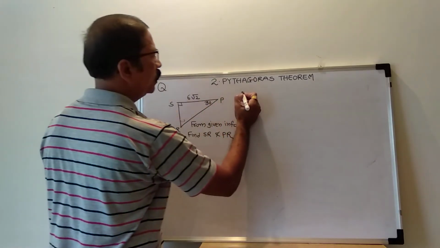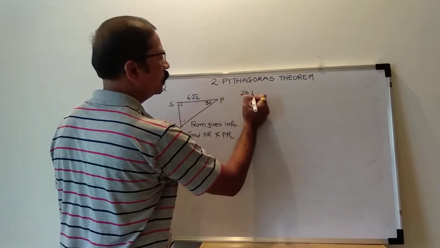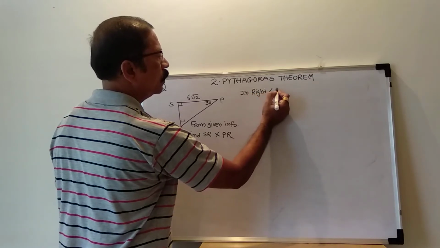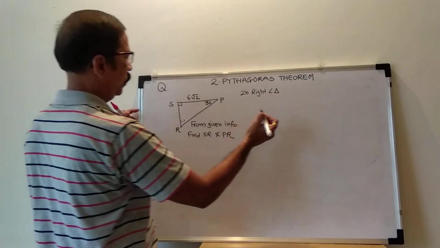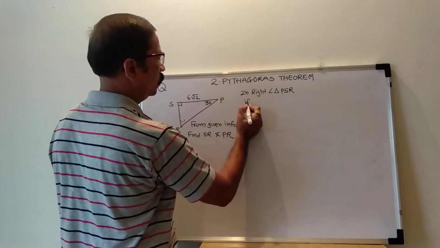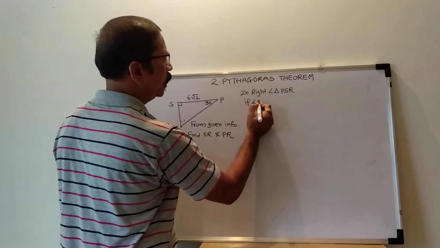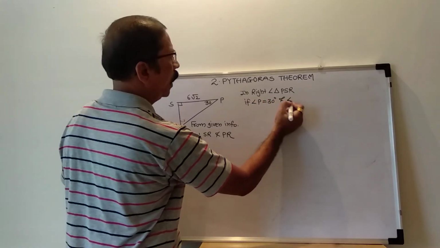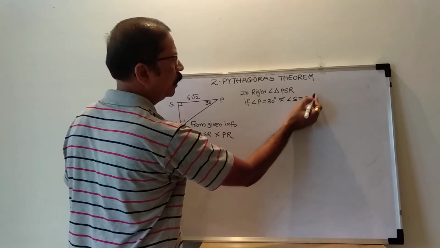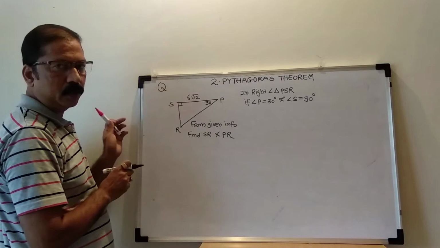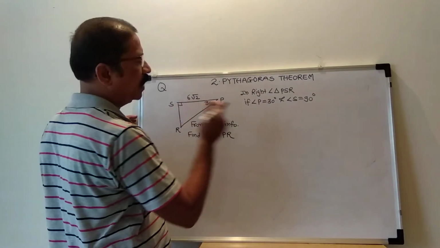So first we have to mention, in a right angle triangle PSR, if angle P is equal to 30 degree and angle S is equal to 90 degree, one angle 30, one angle 90 degree, this angle is not given, so you have to mention the measure of that.